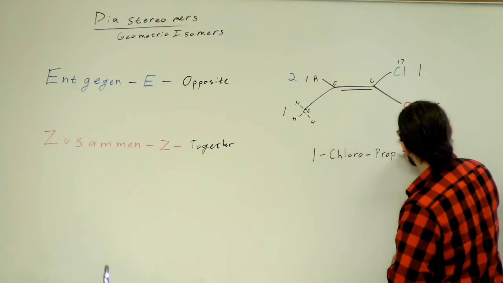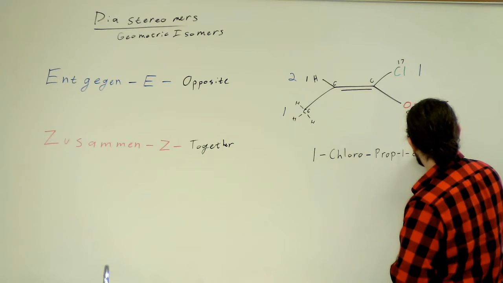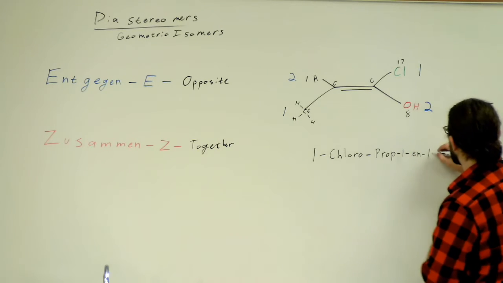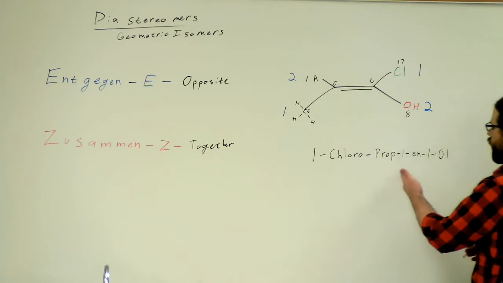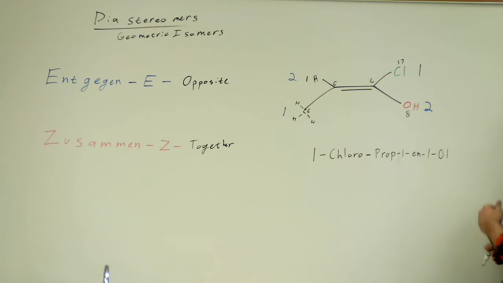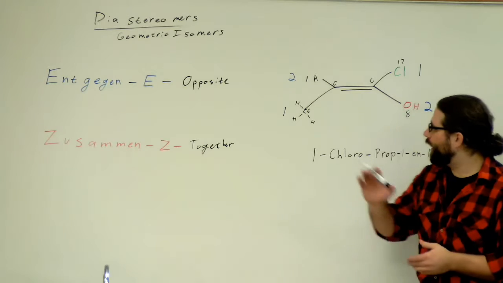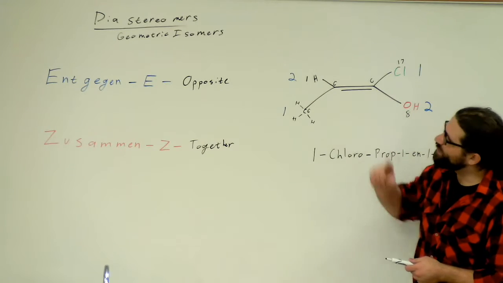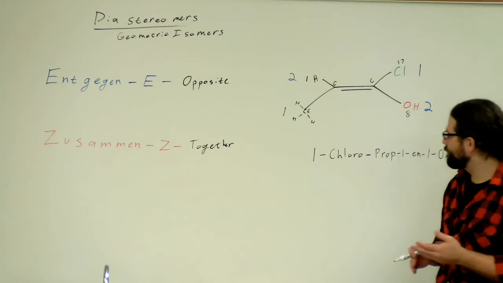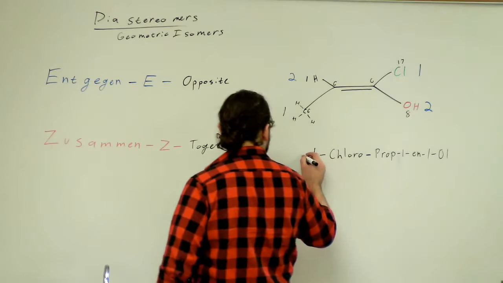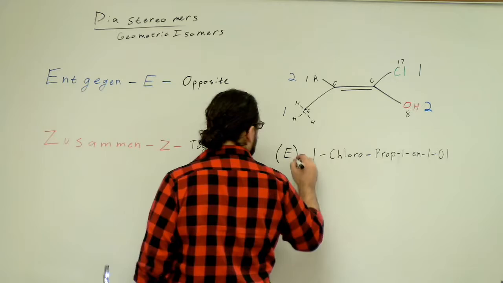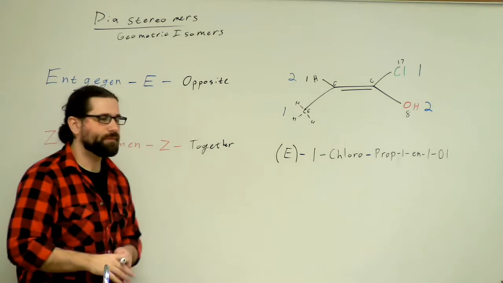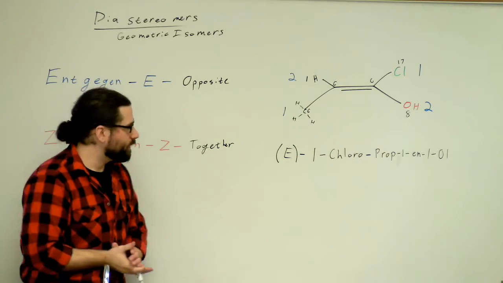My double bond is also on my 1, and my alcohol is on my 1. So 1 chloro, prop, 1, en, 1 ol. Mouthful. But I need to identify that it is entgegen instead of zusammen. So I'm going to write an E in parentheses, just like that. That's all I need to do for this.